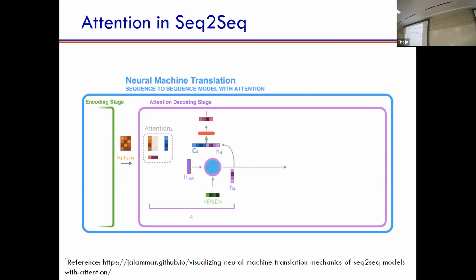Now, use this and these three vectors together to produce a blue vector. How? Use this H4. For example, you could do an inner product of H4 with the first one to get some attention, let's say this pink thing here. Again, use H4 with the second hidden vector to get a lower intensity color here.